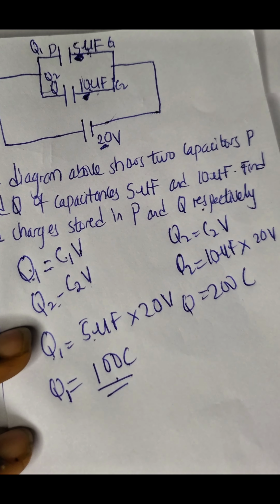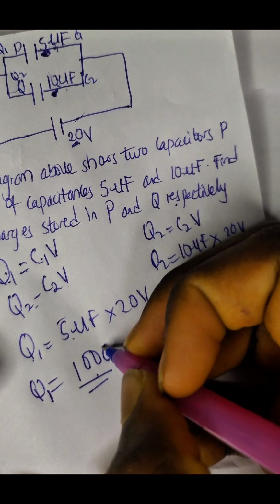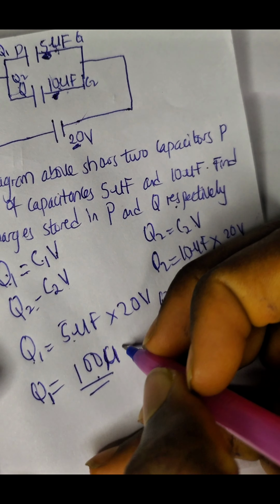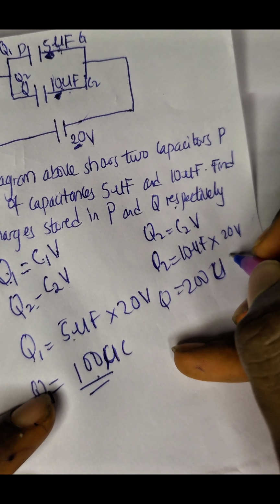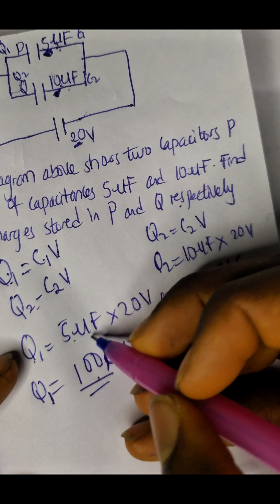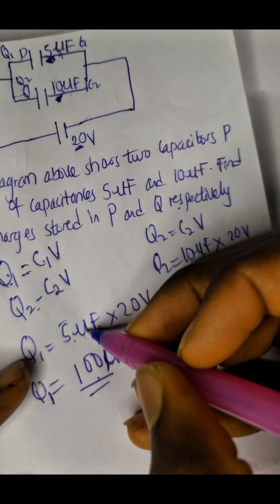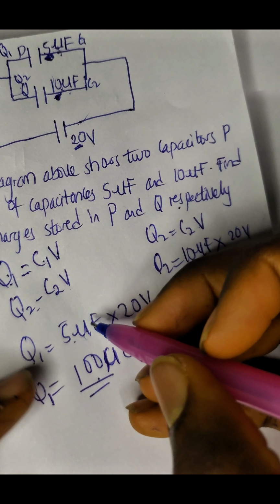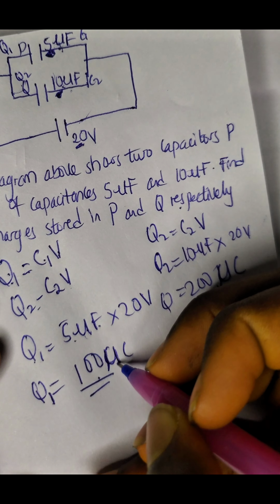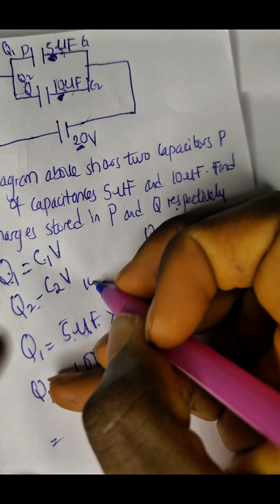Take note, it is 100 microcoulomb and 200 microcoulomb, the reason being that we did not convert the microfarad to farad. We just solved directly. In certain cases, they will ask you to convert to farad, and when you do that, this microfarad stands for 10 to the power minus 6.